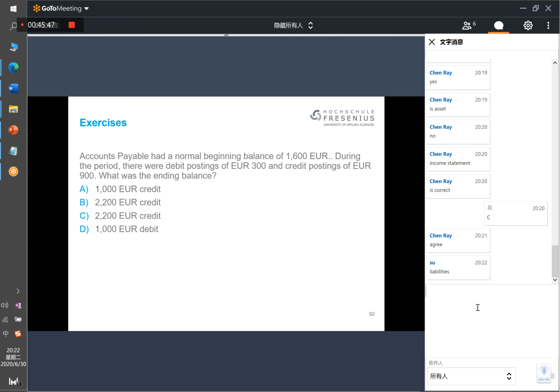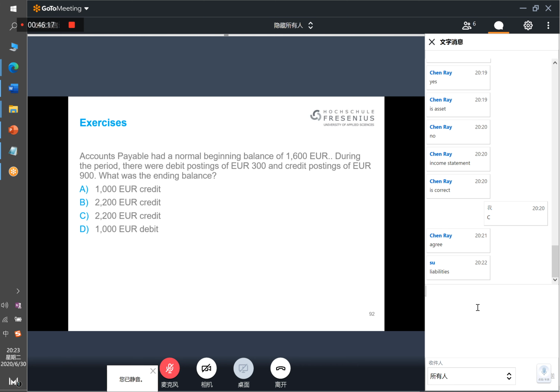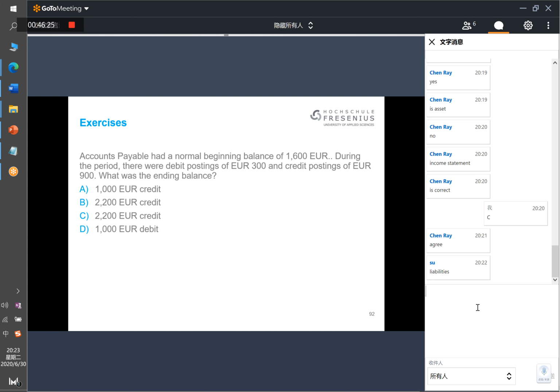Accounts payable, as Sue said, is a liability, but debit is always on the left hand side.